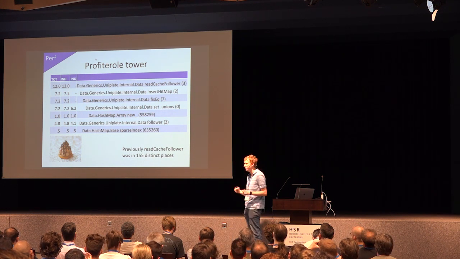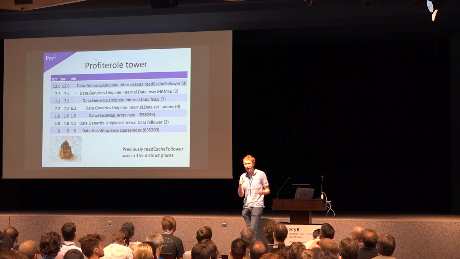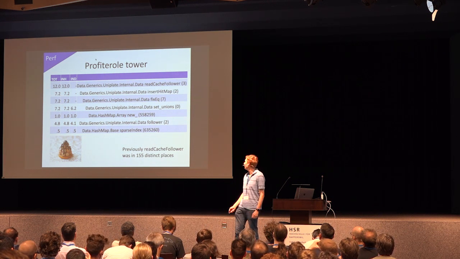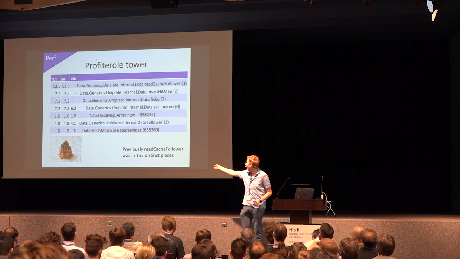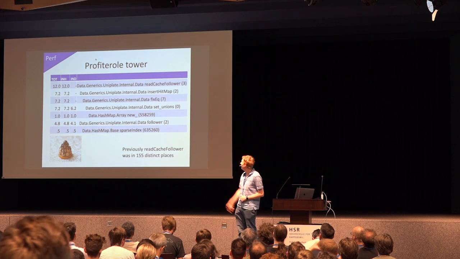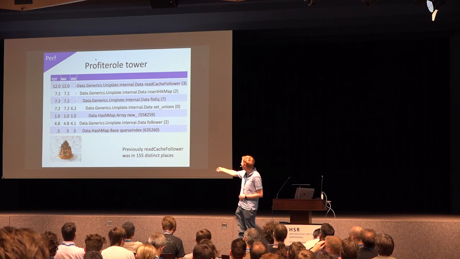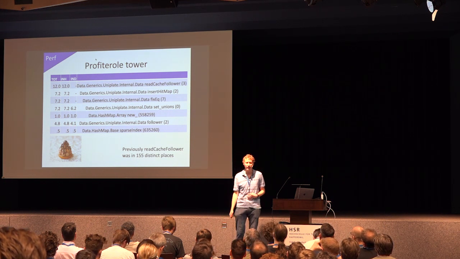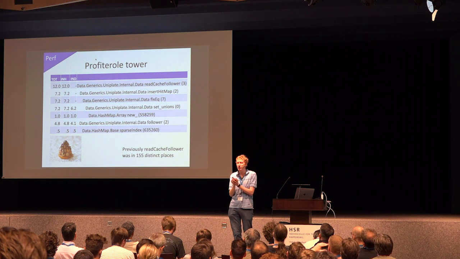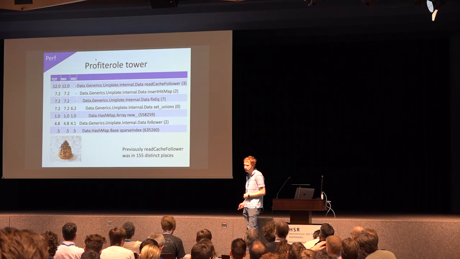What Profiterole does is it grabs all those read cache followers, pulls them all out to the top, and sums up their numbers. Before, I could only find 0.1s for it. Now I find a single 12%, and I can see that actually set unions is on 6.2%, and follower is on 4.1%. So I can actually see where the time's going, especially if it's called many times and does only a little bit of work.